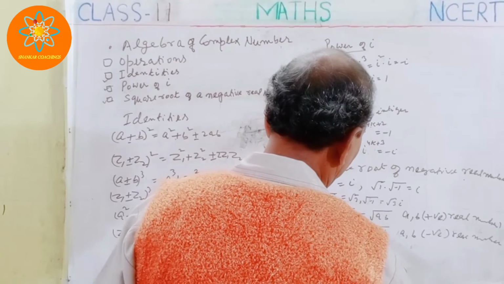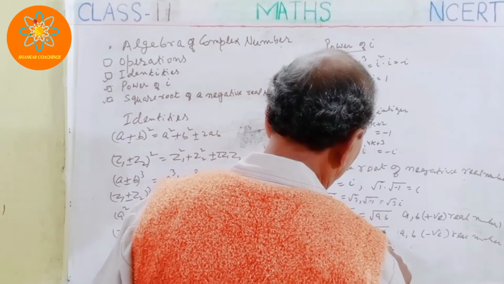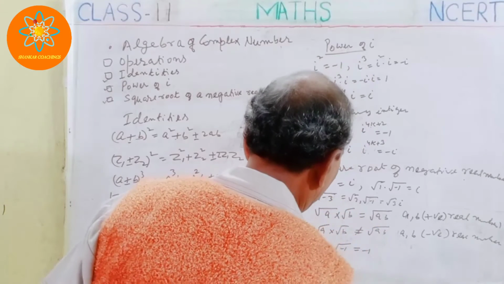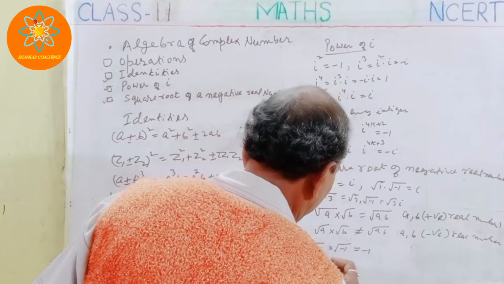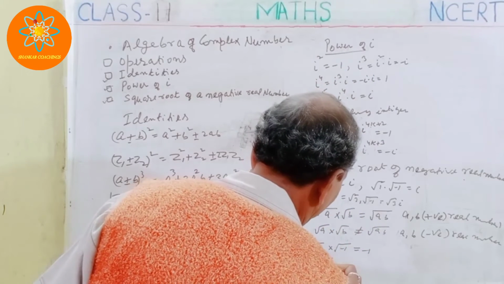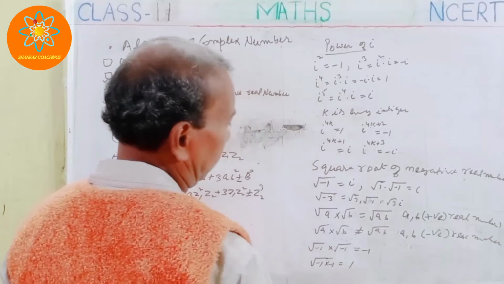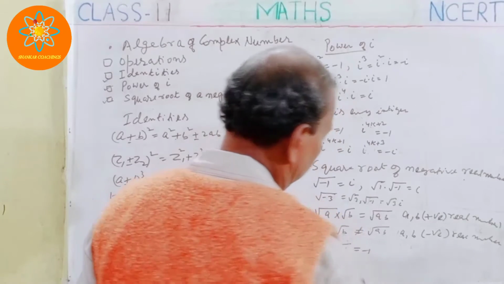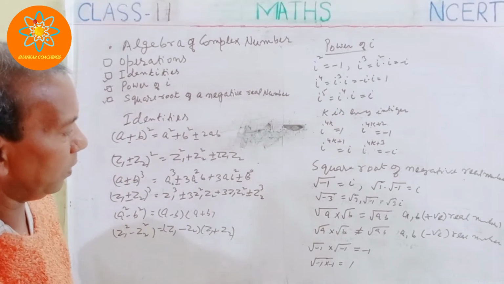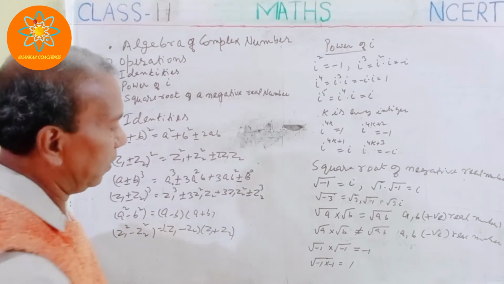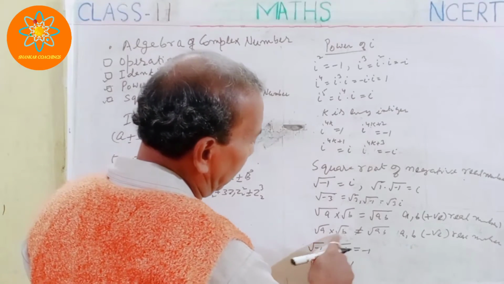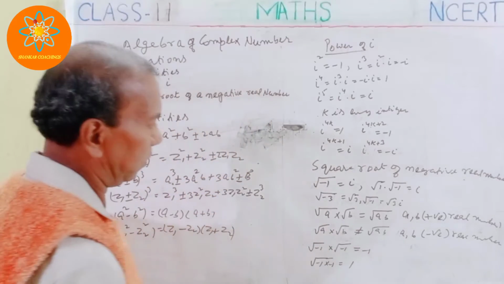But if I take root of a into b, that is minus 1 into minus 1, which is equal to 1. So we can say that when a and b are negative real numbers, then root a into root b is not equal to root ab.